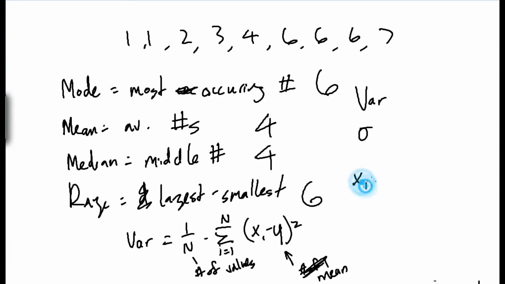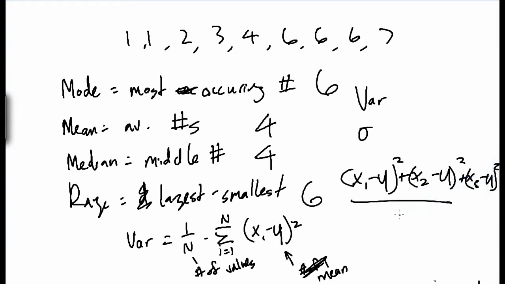If I were to write this out, it's (x1 minus mean) squared plus (x2 minus mean) squared plus (x3 minus mean) squared, and so on, over n. The mean is basically a sort of representative value of the entire data set. So variance basically measures the average.